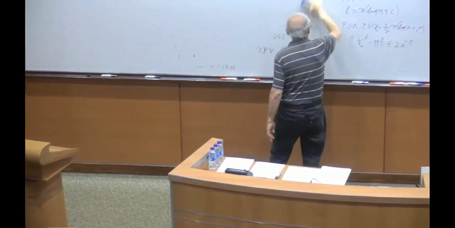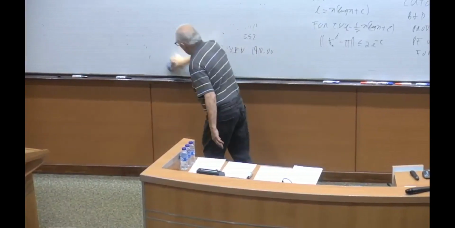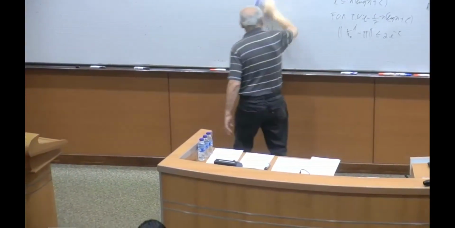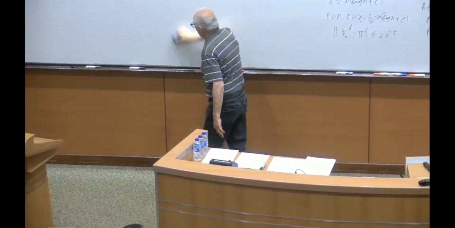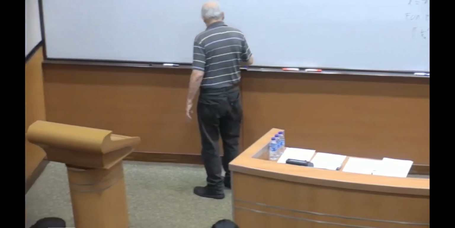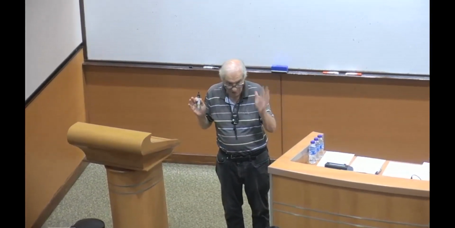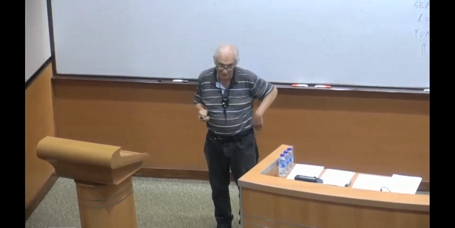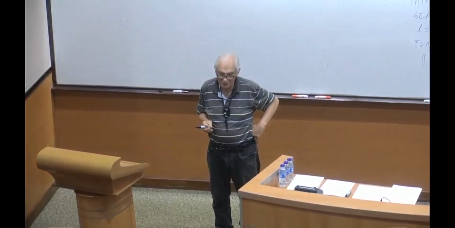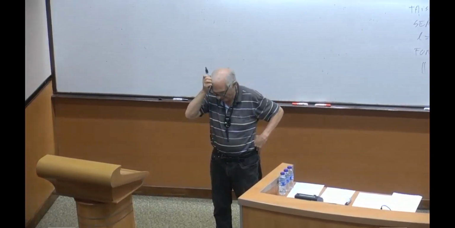Let me tell you a little bit about what he's doing and why he's doing it. This is not a detailed lecture on that subject. I'll tell you enough so that you can see if you want to go look at it, and there's a reference to it. That's the best I can do. As you'll see, it's a healthy development, and there's no possibility of doing it even in an hour.